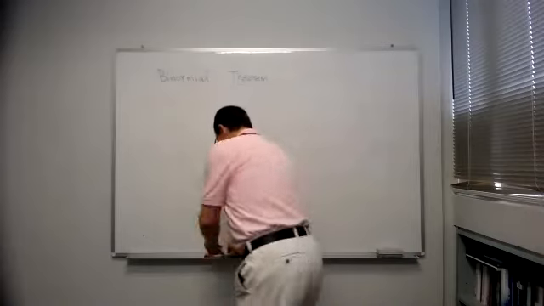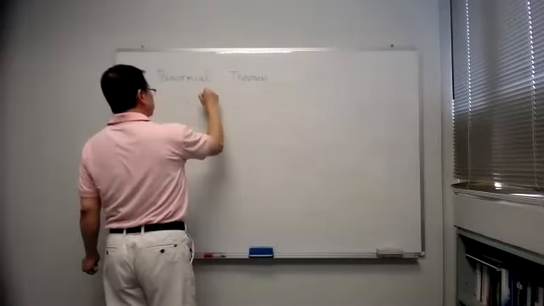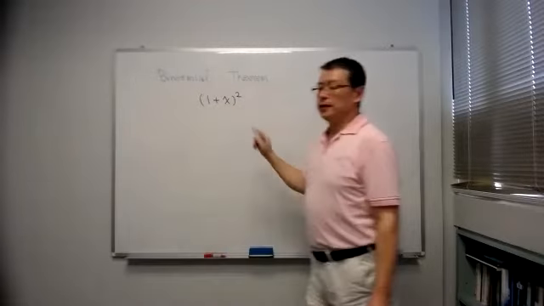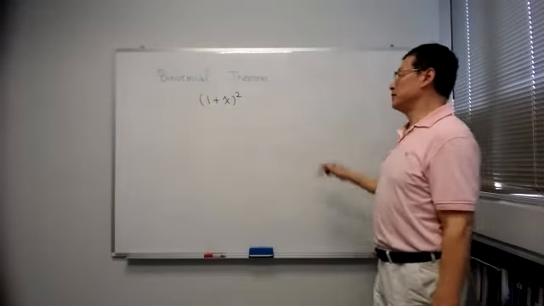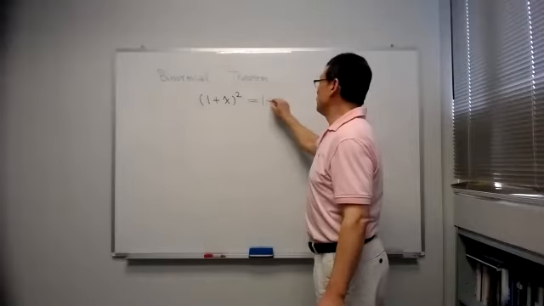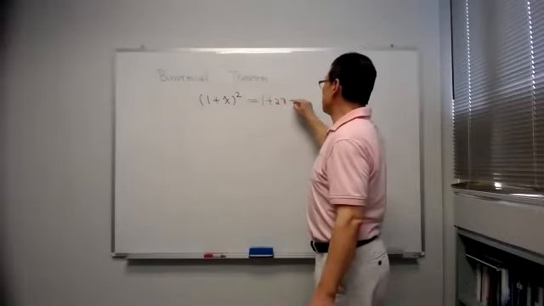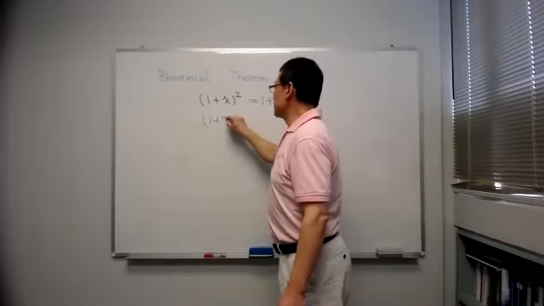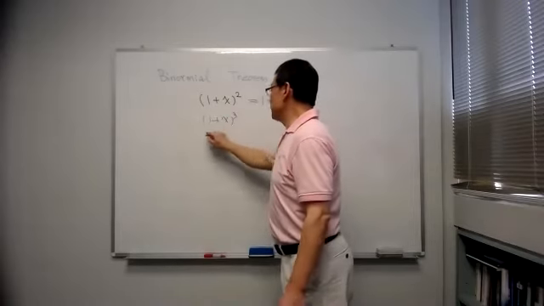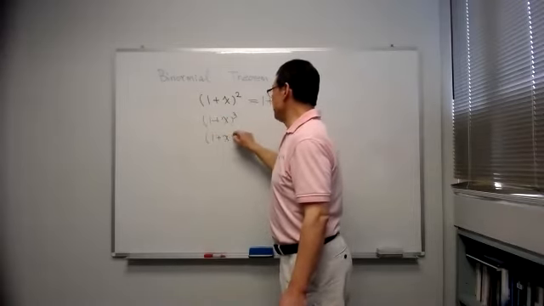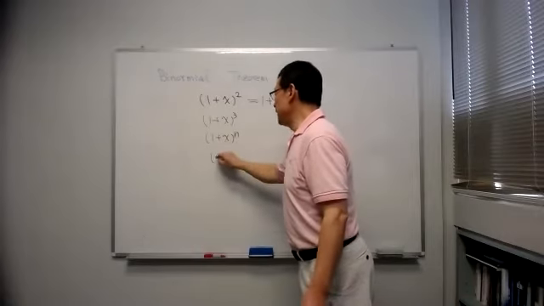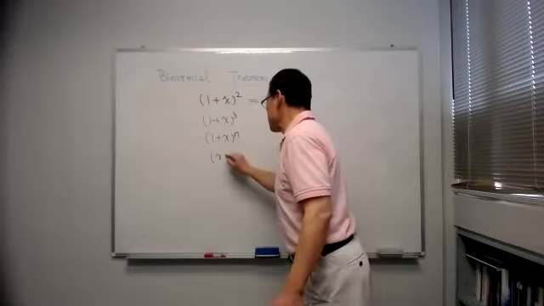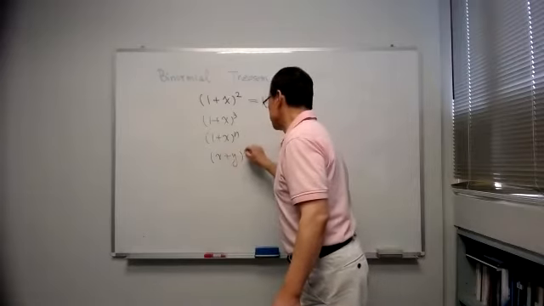All right. The binomial theorem deals with this situation. If we expand this product, we know it equals 1 plus 2x plus x squared. So how about (1 plus x) cubed and (1 plus x) to the n? In general, maybe (x plus y) to the n-th power.